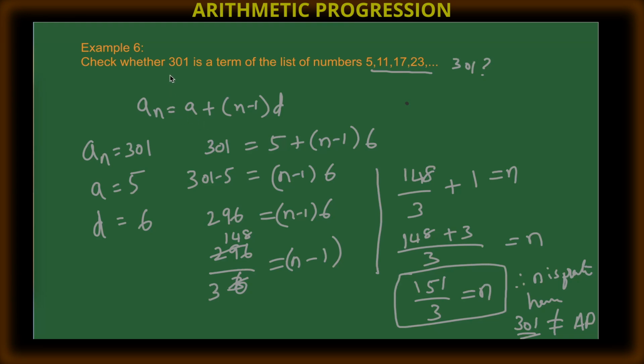Hope this is clear. We have checked that 301 is not part of the terms. The reason is it cannot be if n is negative or a fraction. Okay, let's move to the next question.